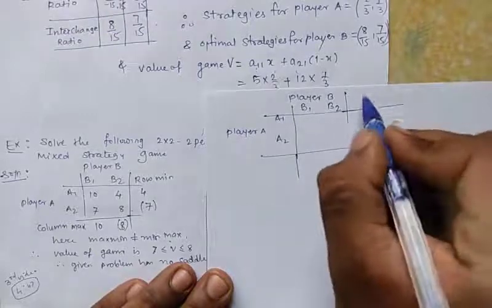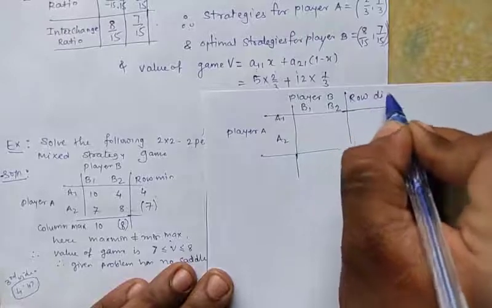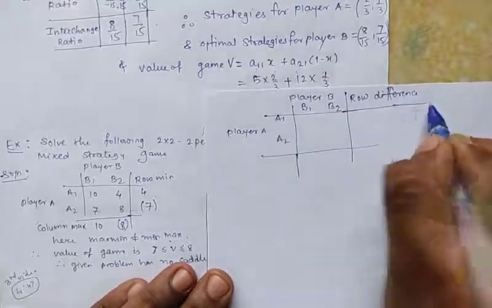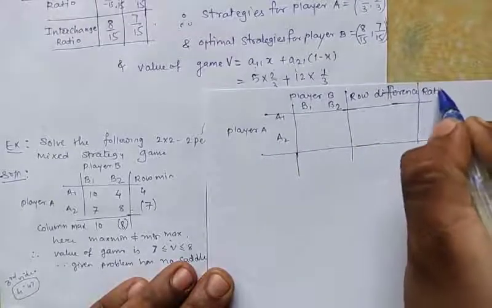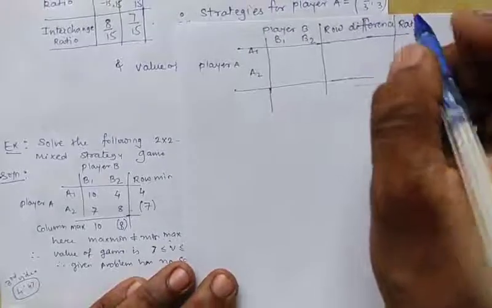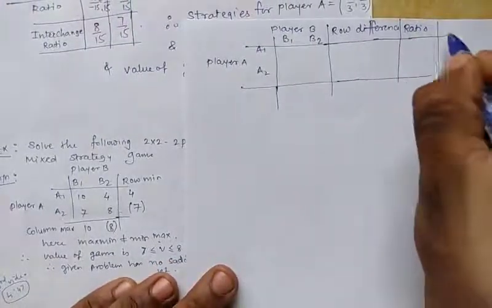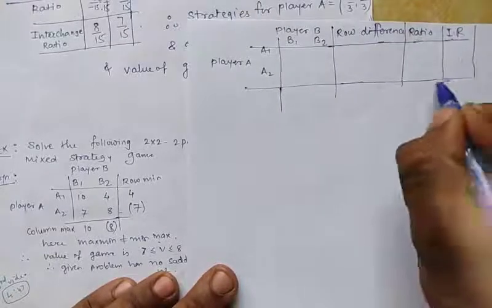Next, first write down the row difference. Next, the ratio. Next, interchange the ratios. Okay.